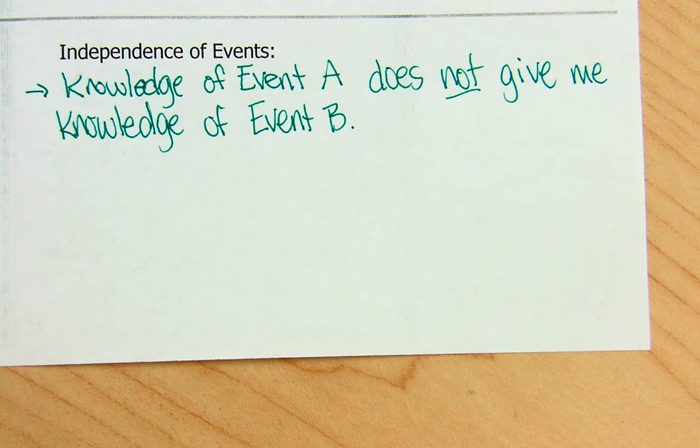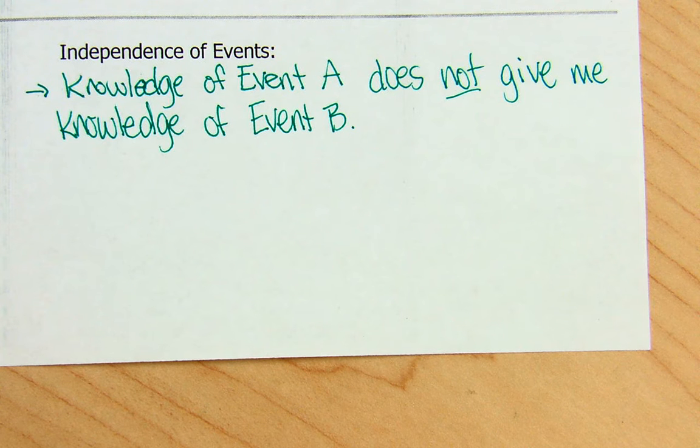So, for example, if we're talking about event A and B being, it's raining today and I'm carrying an umbrella. Those are probably related. I'm probably more likely to carry an umbrella with me when it's raining than when I'm not. So if I know whether it's raining or not, I'm going to know how likely it is that I'm carrying an umbrella. Okay, so those are not independent events.